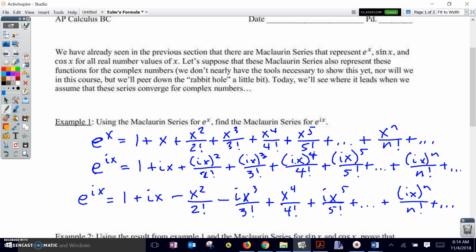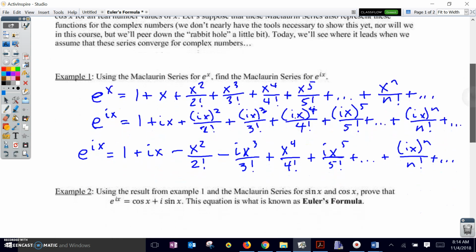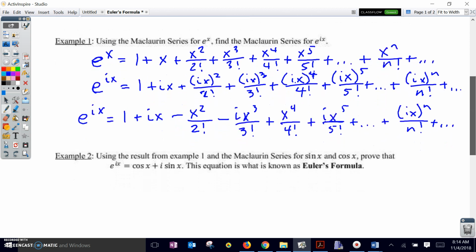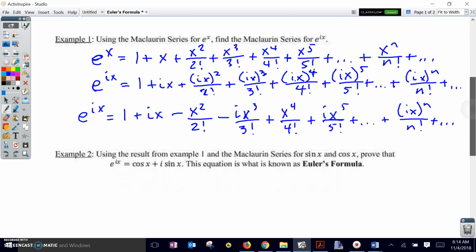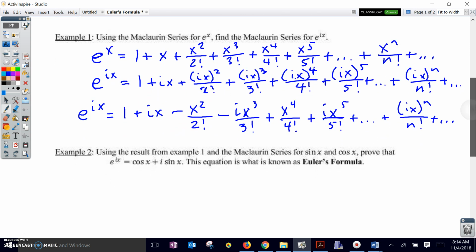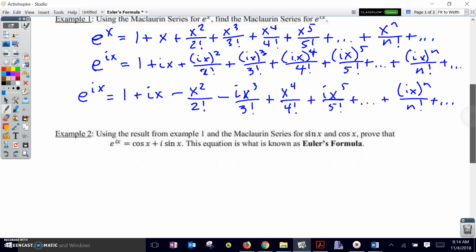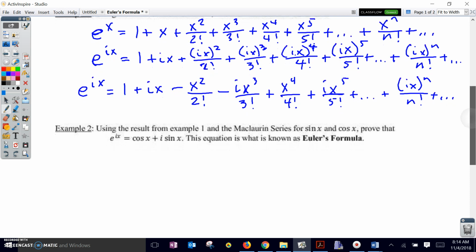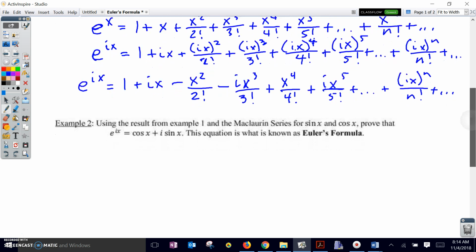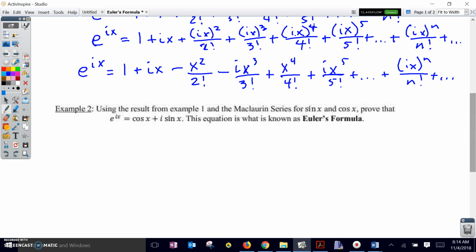Now, if we go down here into example 2, we're going to use this result that we have here and the Maclaurin series for sine of x and cosine of x to prove that e to the ix is equal to cosine of x plus i sine of x. So first of all, think about the series for cosine of x.